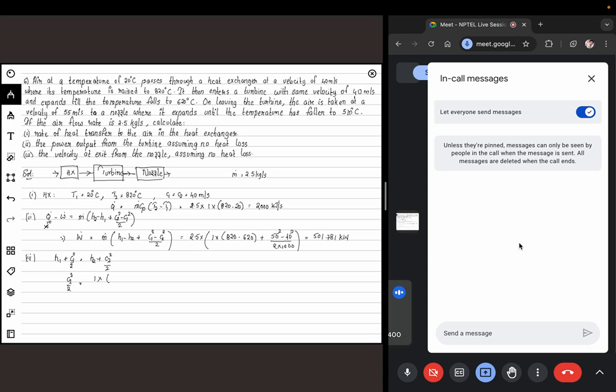T1 is the exit temperature of the turbine, which is 620 Celsius, minus the exit temperature of the nozzle, plus the inlet nozzle velocity given as 55 meters per second. This is just to convert into appropriate units.